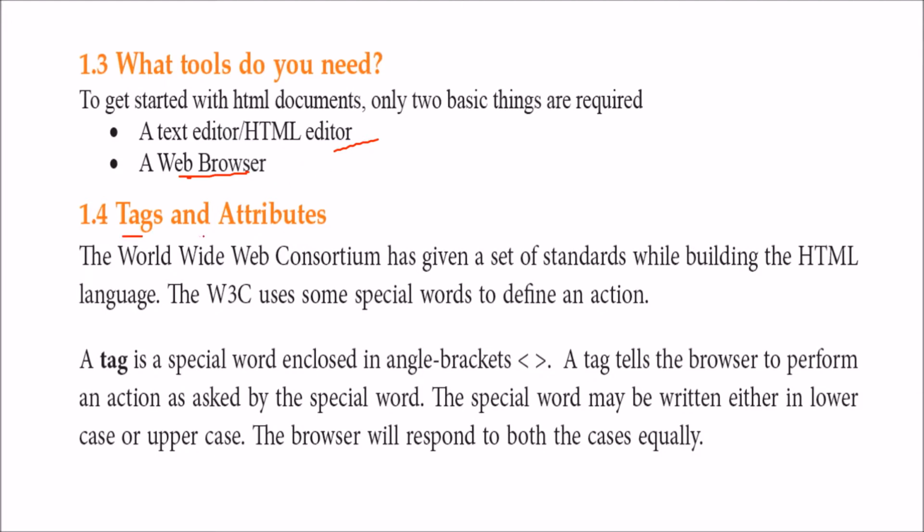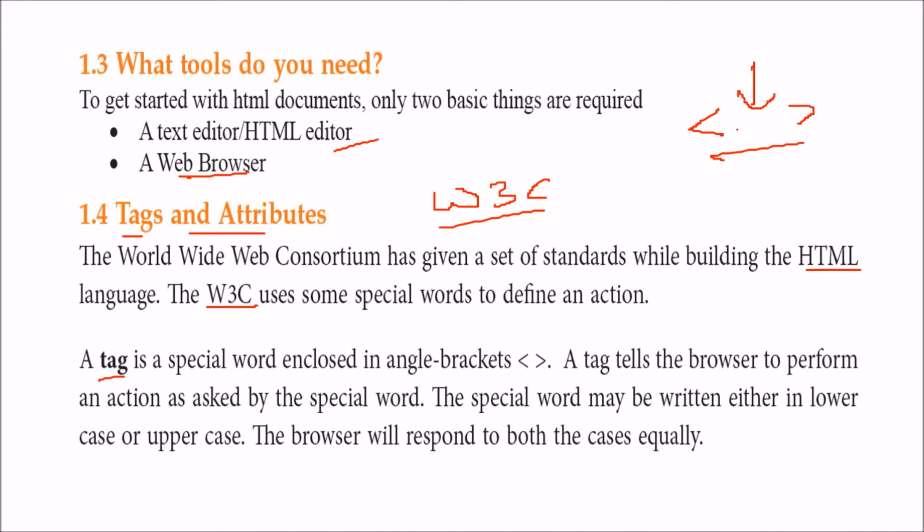So these HTML pages have tags and attributes. As we just said, W3C, that is World Wide Web Consortium, has laid down certain standards for building the HTML language, and HTML is a tag-based language. A tag is placed inside angle brackets.